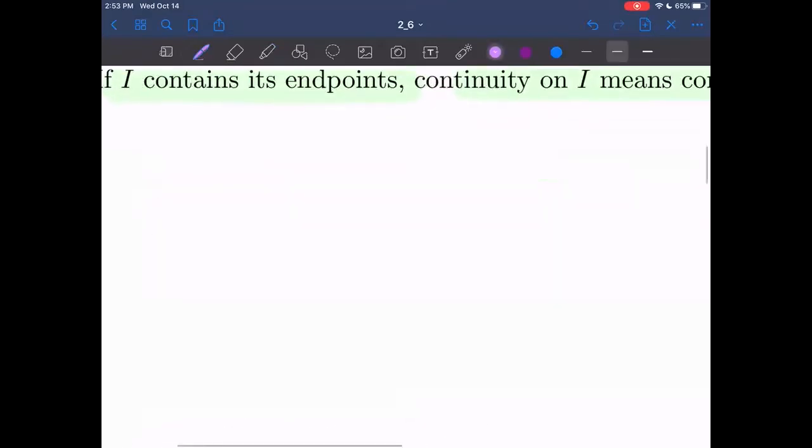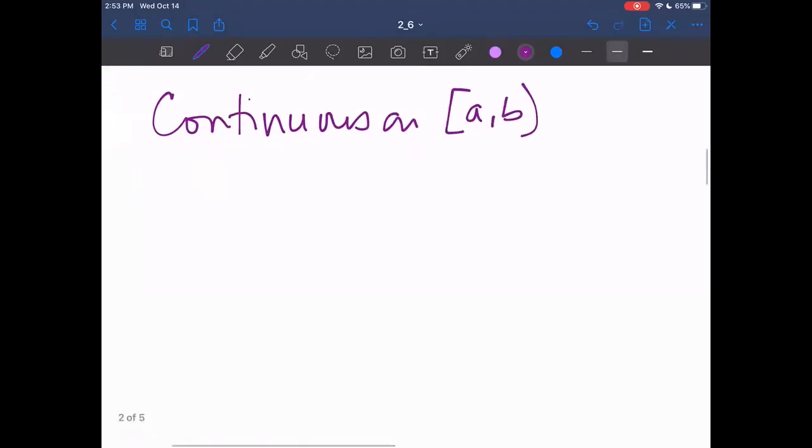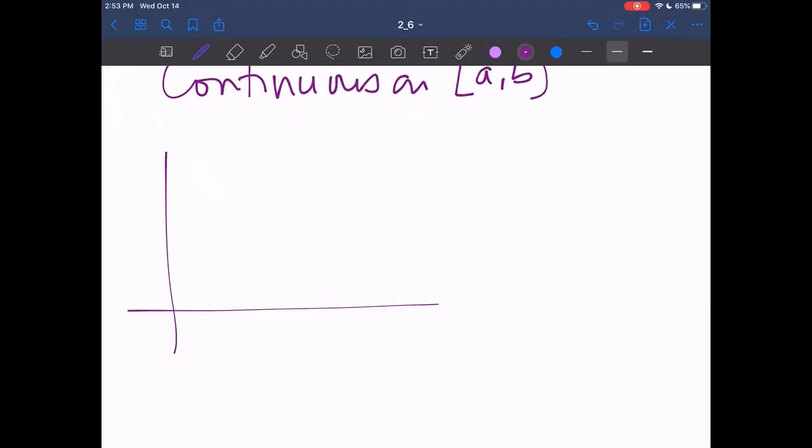We've got continuous on a to b. So if we're looking at a function on an interval a to b, we're continuous from a included to b.